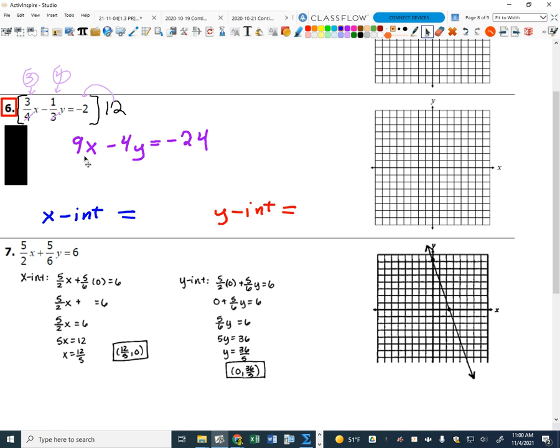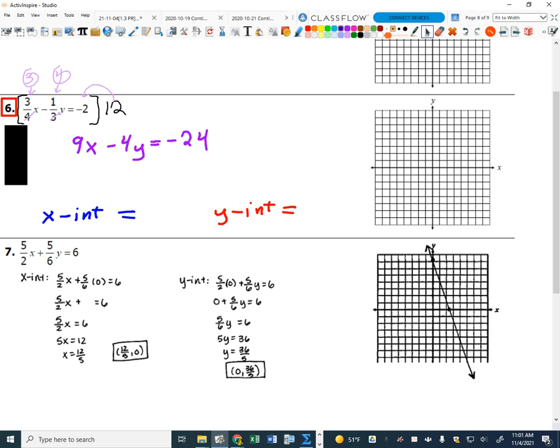Or use my trick, my patented trick. 12 over 4 reduces to 3, which I multiply by 3 to get 9. Either way, we get 9x here. Here we're going to get 12 over 3 is 4, so we have minus 4y. And don't forget to distribute the 12 to the other side also, and I get negative 24. So there's my simplified standard form equation, right?